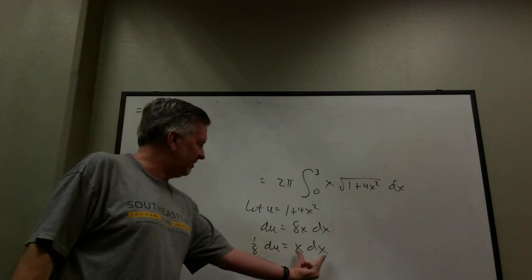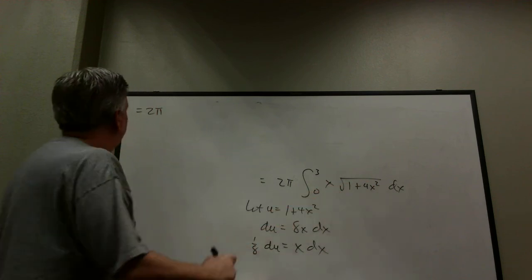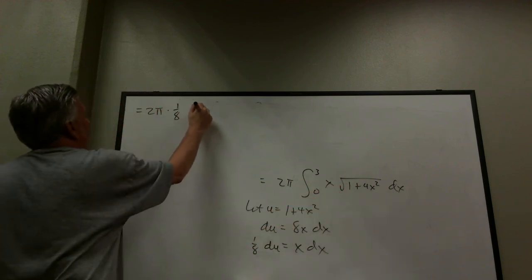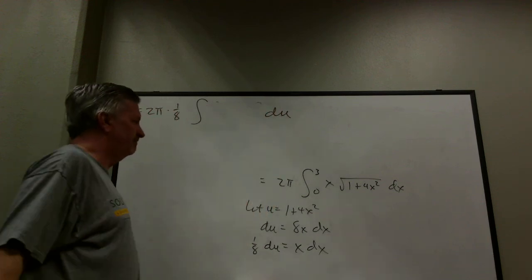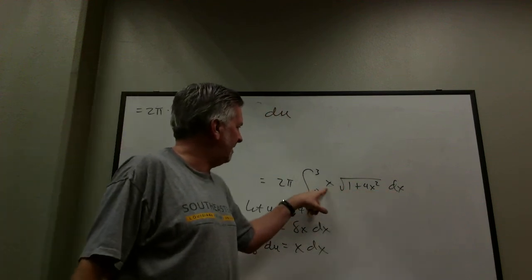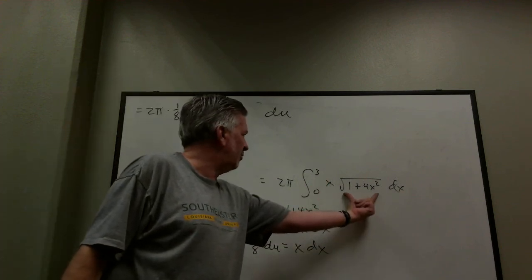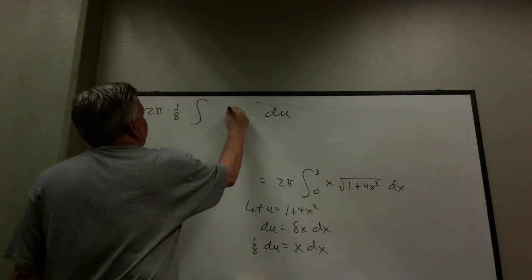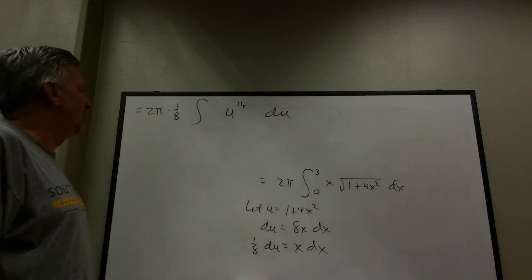I always substitute for this first. So instead of x dx, I get an 8th du, so there's my 1/8, and I go du. So all I've done is I've only taken care of the x dx. And now what am I left with here? That's square root of u, or u to the 1/2. Which is something I can integrate.